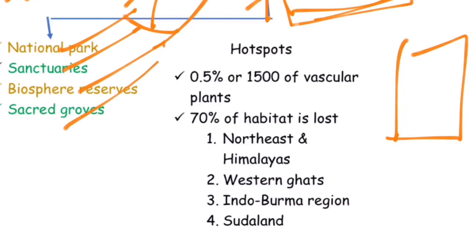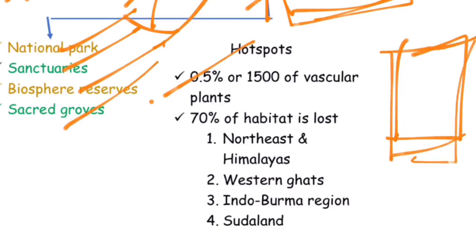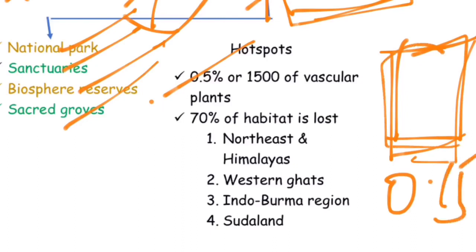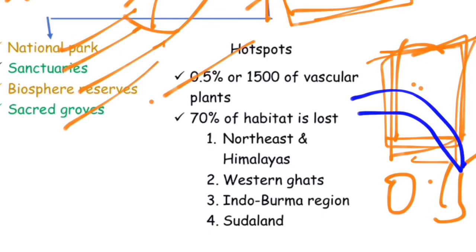It should contain 1500 species of vascular plants, or 0.5% of the plants of the world present within this area as endemics. They should be endemic to this habitat, and 70% of the habitat should be under destruction or under threat.